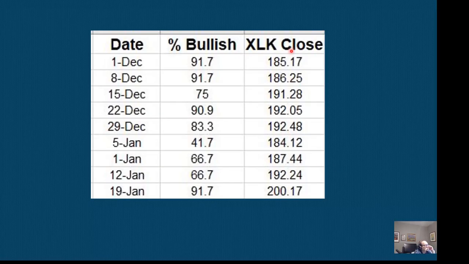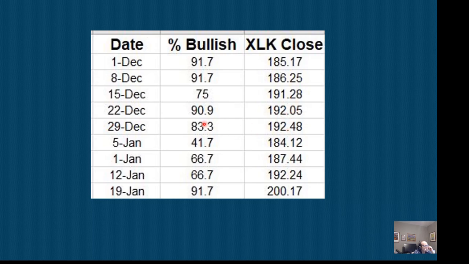So looking at the bullish percent numbers of how many of the XLK components were above or below their quarterly pivot, you can see December 1, 91.7. Next week, 91.7. XLK is still climbing. It dropped a little bit to 75. XLK was still moving higher. December 22nd, 90.9% bullish.